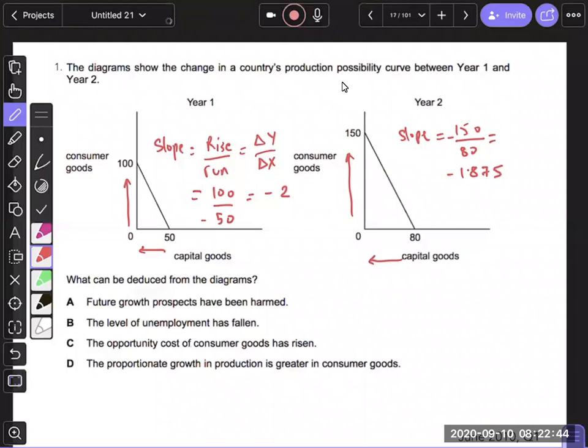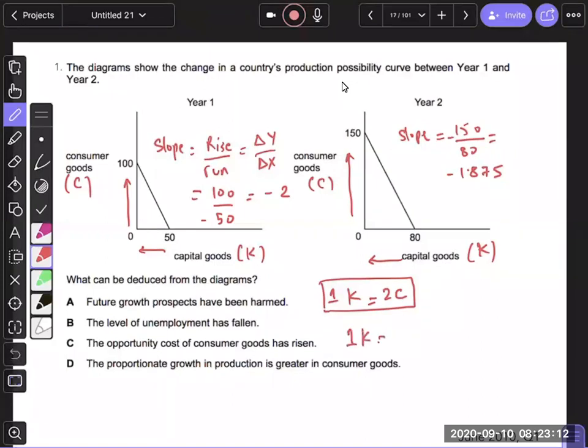For one capital good, let's call capital good K, and let's call consumer good C. So for 1K, it's 2C before. Now for 1K, it's going to be 1.875C. Isn't that true? Do you all agree?